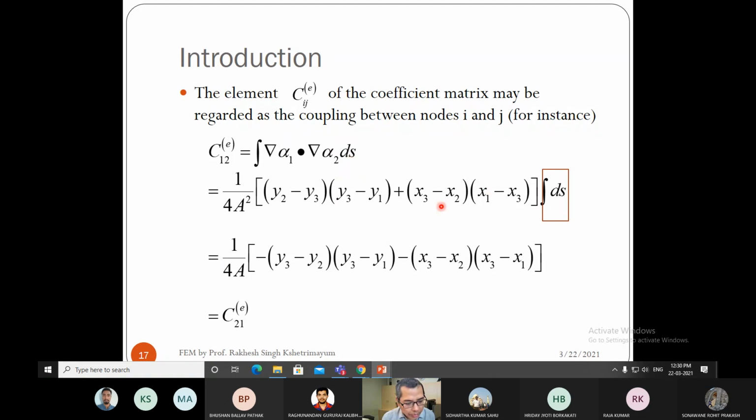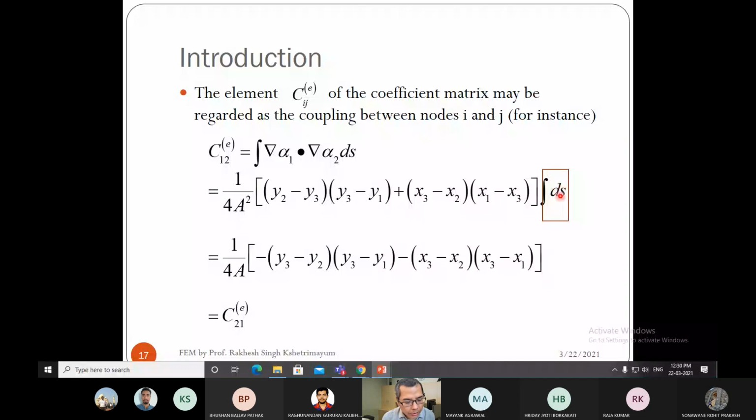After you take del of alpha 1 dot product with del of alpha 2, whatever you get here is independent of x and y. So you can take it outside the integration. The integration simply remains as ds. When you integrate over the surface of the triangular element, you get the area of the triangular element. So this will become A.